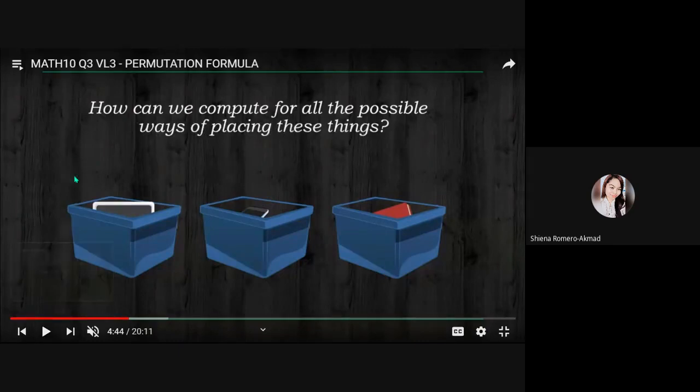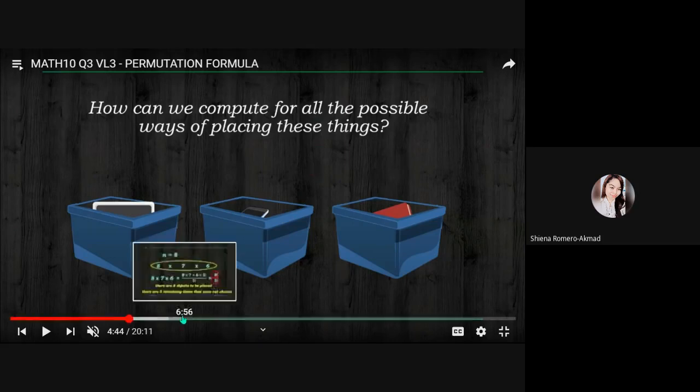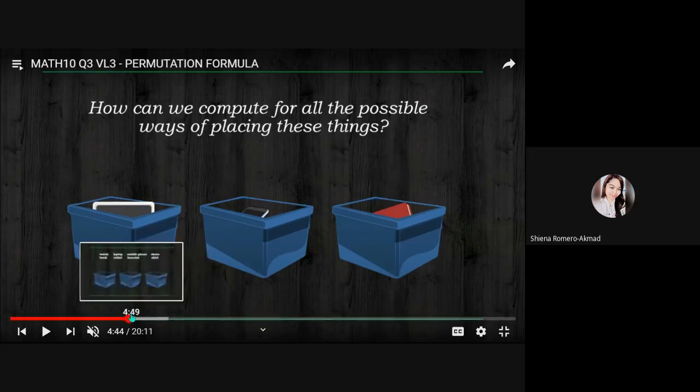Ngayon, paano kung pinakompute sa atin? Gaano karaming arrangement ba yung pwede nating ma-form kung meron tayong 8 items na pwedeng ilagay sa tatlong boxes na to, we are going to place 1 in each box. How many possible ways do we have?